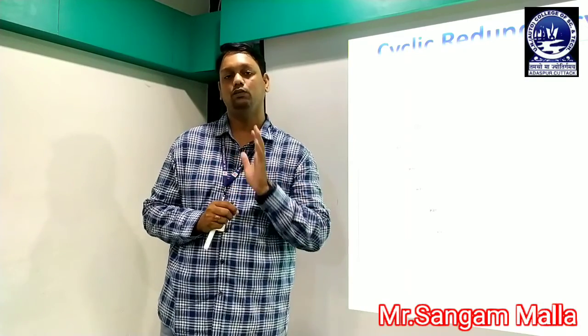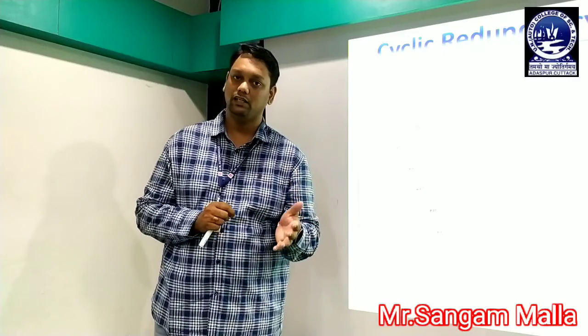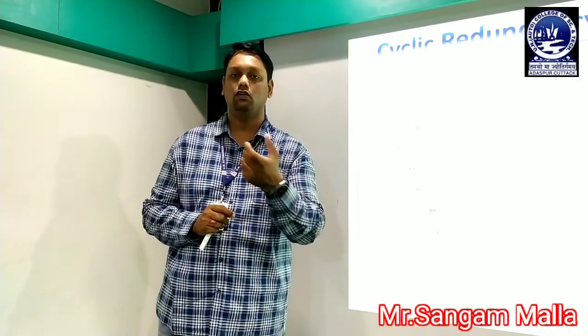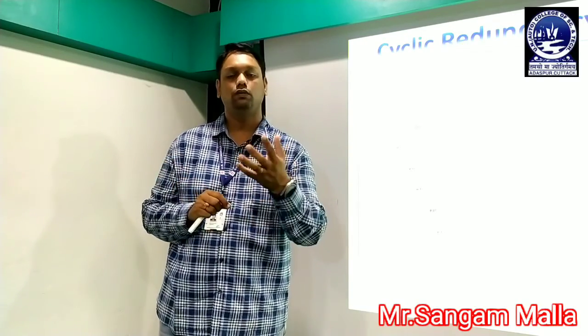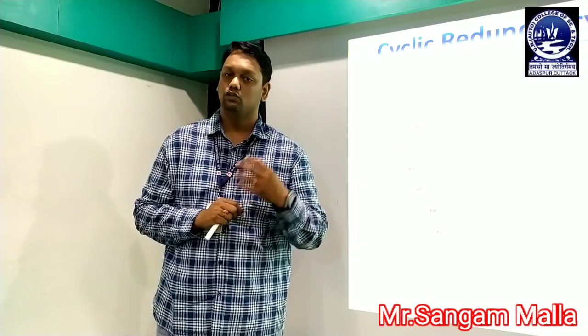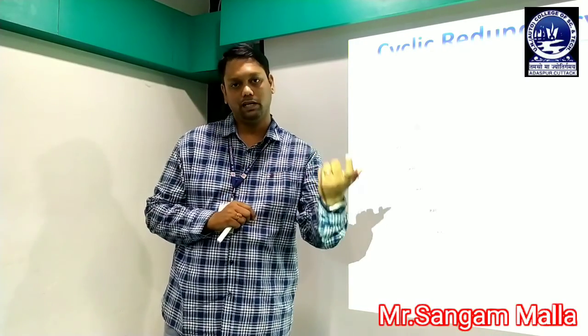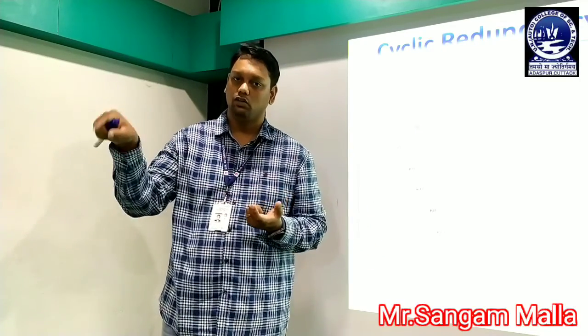Similarly, we move to the next category, that is cyclic redundancy check. In case of cyclic redundancy check, there is another technique: instead of adding or concatenating the parity bit in the row or in the column, we take the help of division. We take a polynomial, and from the polynomial we calculate the divisor. With the divisor, we divide the original data.